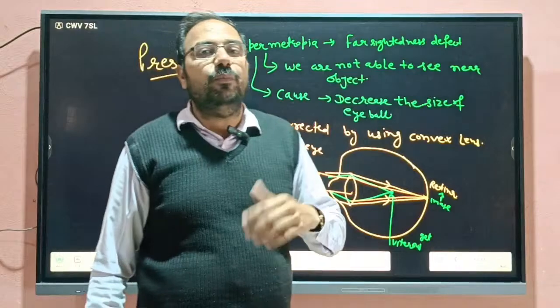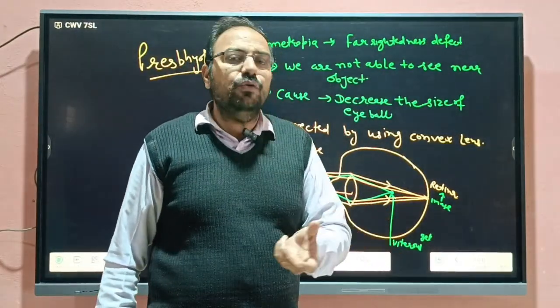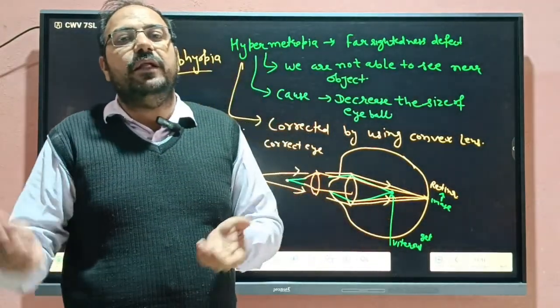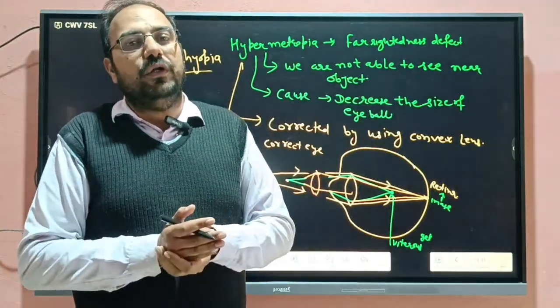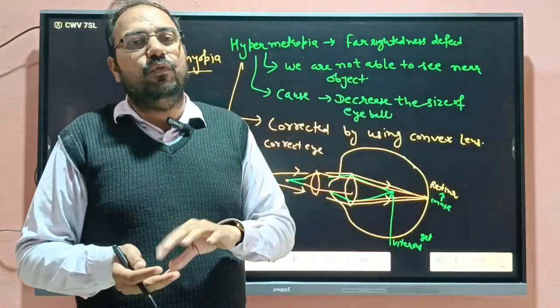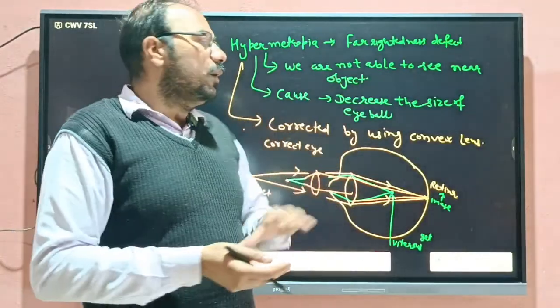In presbyopia we use both types of lens: half the lens may be convex and half concave. So we use a combination of both lenses.